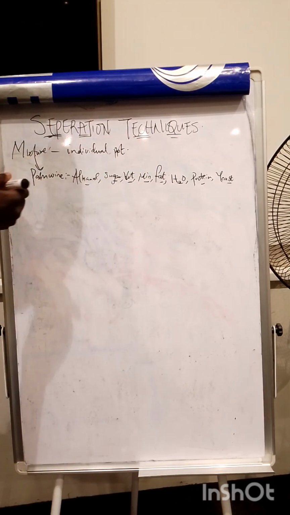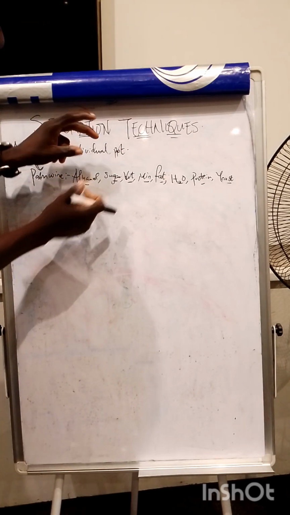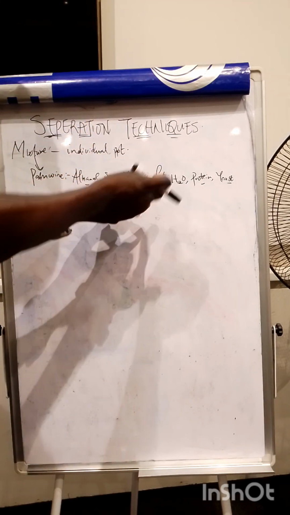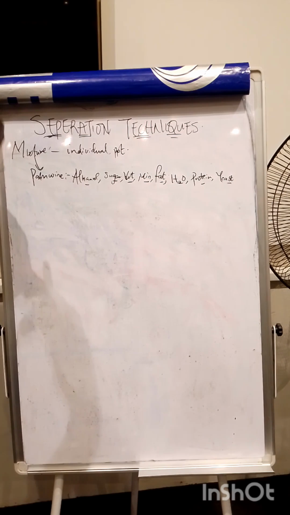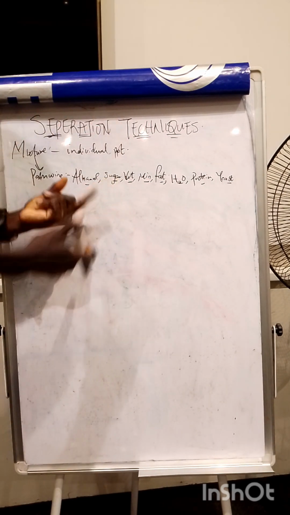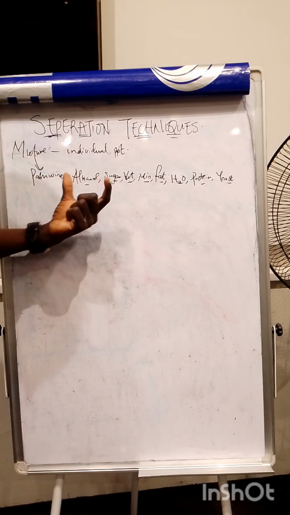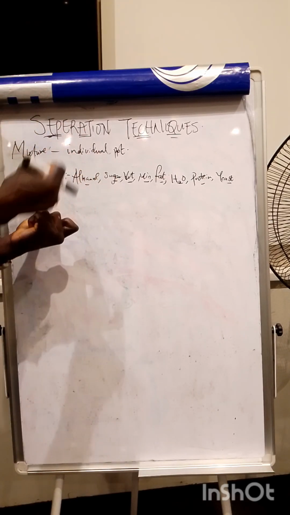Each constituent of a mixture would retain its individual properties. So we take advantage of these physical properties to separate this one from this one. This one dissolves in water, while this one does not dissolve in water.